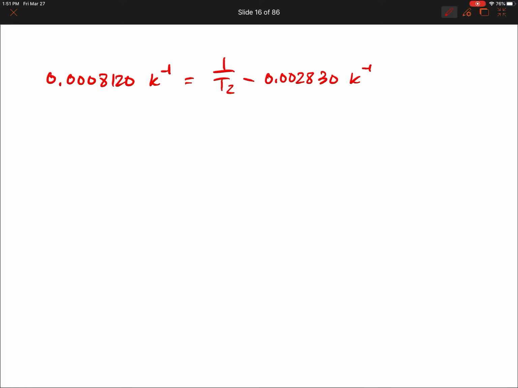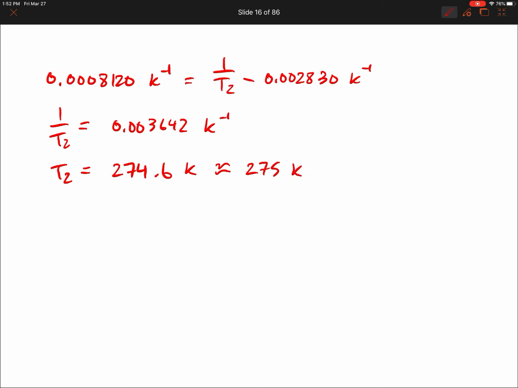That gives us 1 over T2 equals 0.003642 K to the minus 1. Take the reciprocal of both sides, and we get T2 equals 274.6 Kelvin. You round that to 3 significant digits, that's going to be 275 Kelvin. And that's the answer that we are looking for. That is going to be the boiling temperature of benzene when it's at a pressure of only 5 kilopascals, at very reduced pressure.